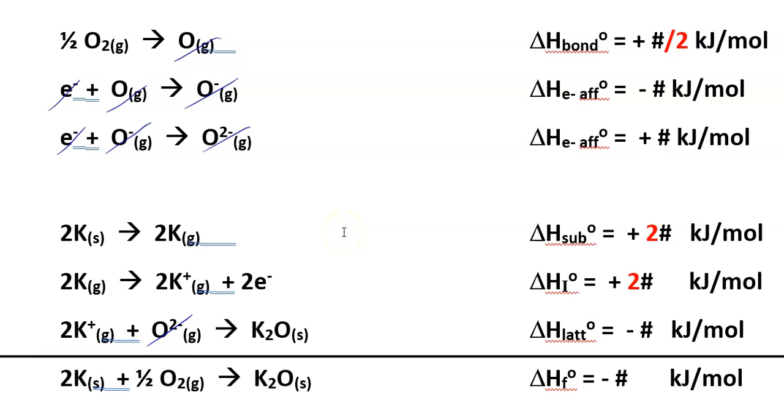So now the 2 electrons will cancel with 2 electrons. The 2 potassium gas, 2 potassium gas, the 2 potassium ions, 2 potassium ions, and you're left with 1/2 oxygen molecule gas, 2 potassium solids, and a potassium solid on the right.